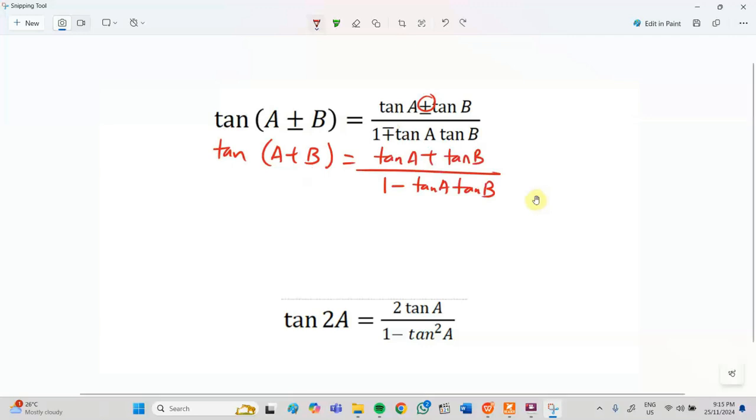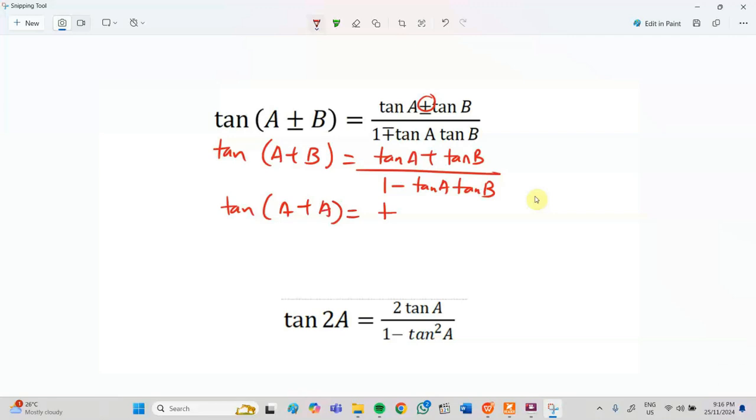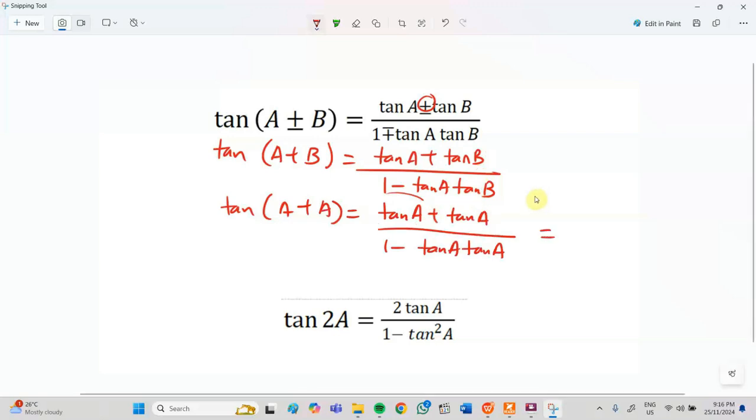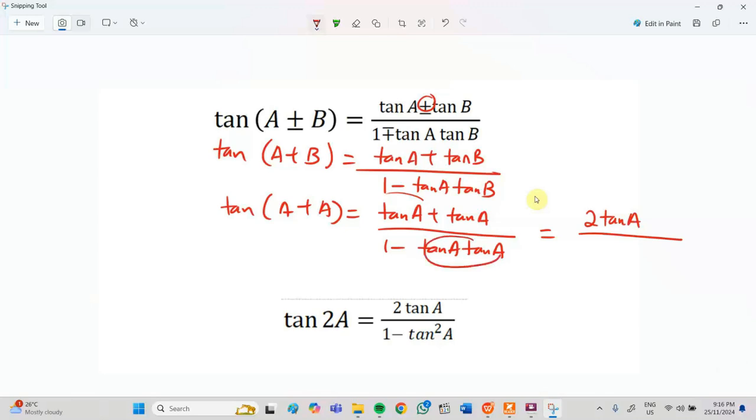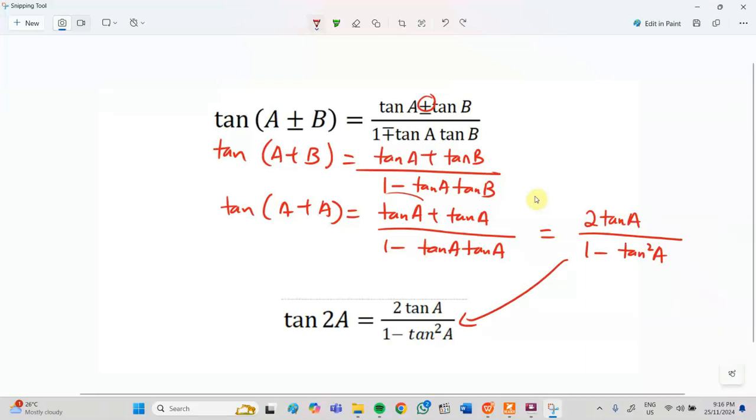So if you replace b with a, you have tangent a plus a, and all the b's here become a. Tangent a plus tangent a, you get 2 tangent a. Whereas tangent a times tangent a, you get tangent a squared, which is, of course, your tangent 2a.